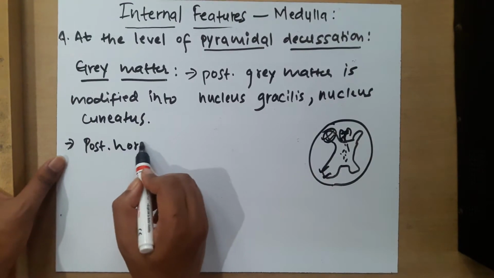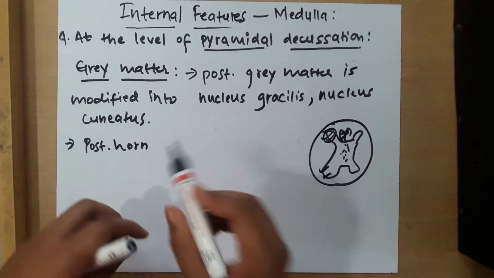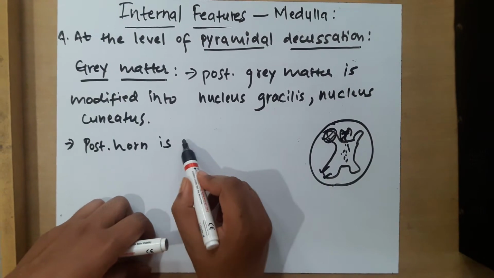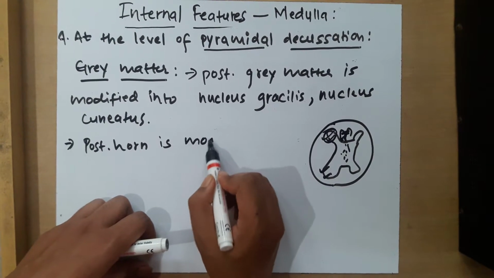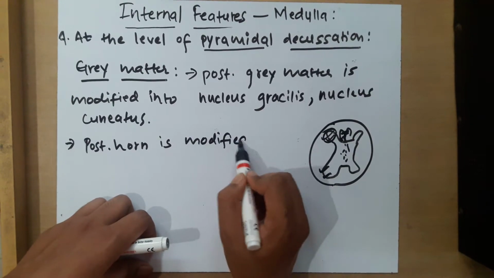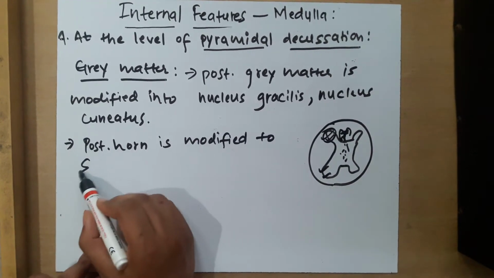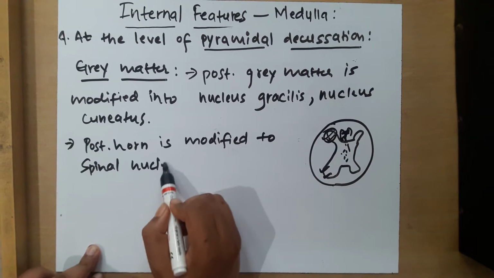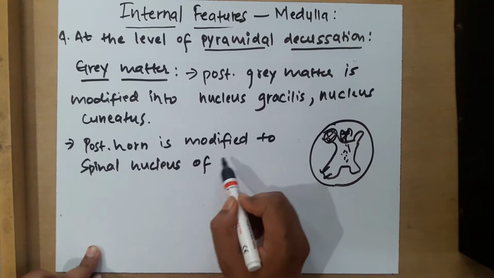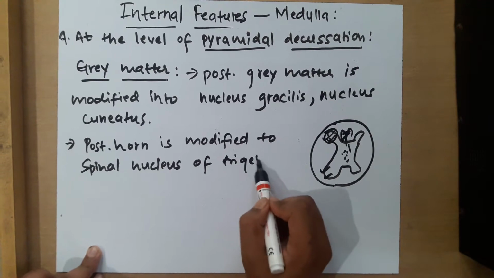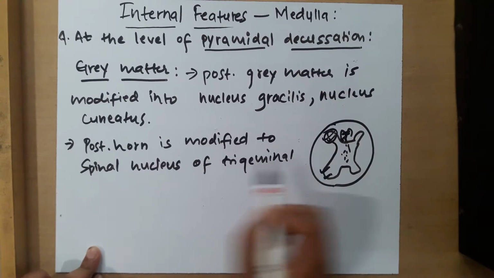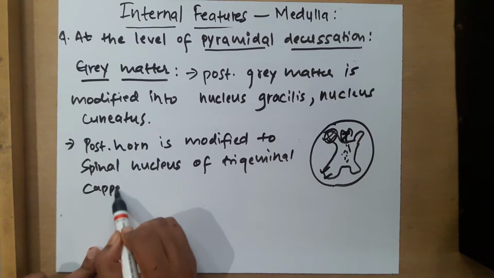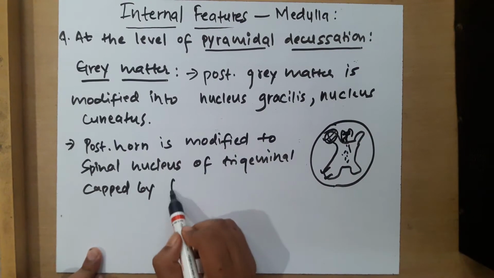The posterior horn is modified to the spinal nucleus of trigeminal, and it is capped by the tract of trigeminal.